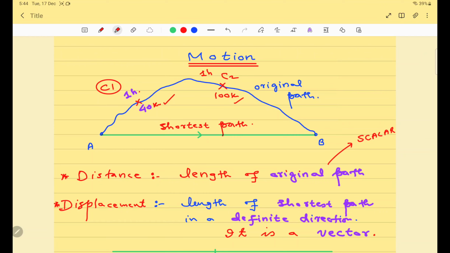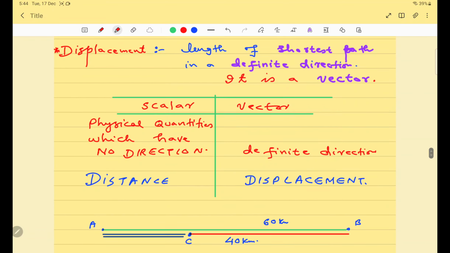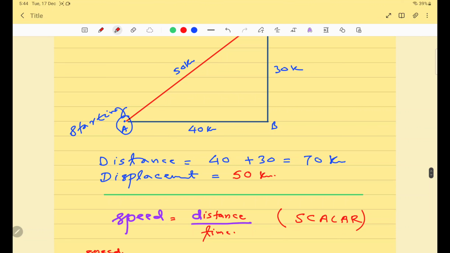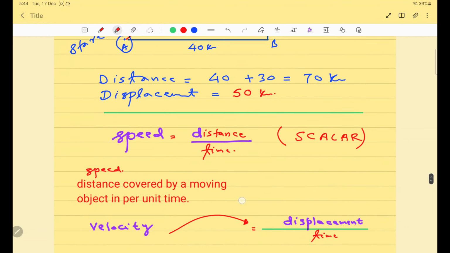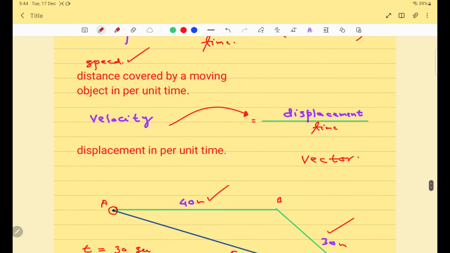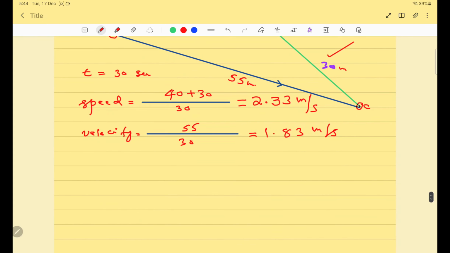Displacement is the length of the shortest path with a direction, so it is a vector quantity. Scalar has no direction. Vector has a fixed direction. Then we practiced the difference between distance and displacement. And finally, I taught you a definition: speed is distance divided by time, and velocity is displacement per unit time. Okay. And now I am ending the recording.